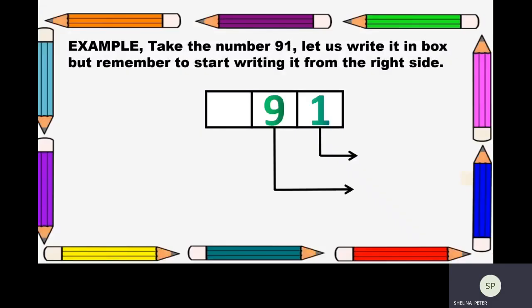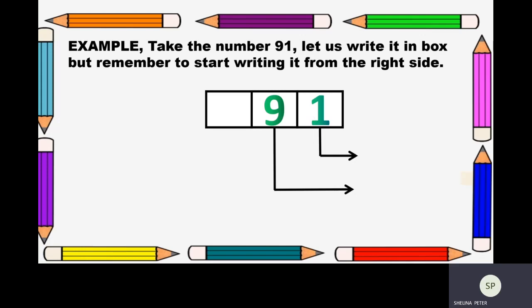Let us take the next example, the number 91, which is a 2-digit number, as 2 boxes are used to write the number. Now let us see what is the place value of each digit in 91. So how many digits are there?